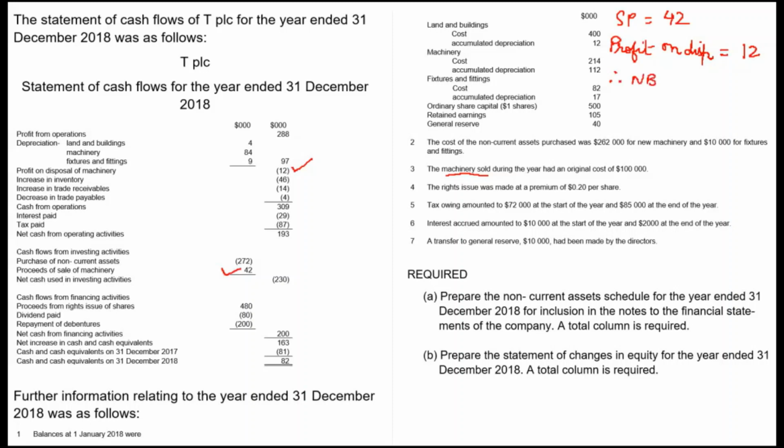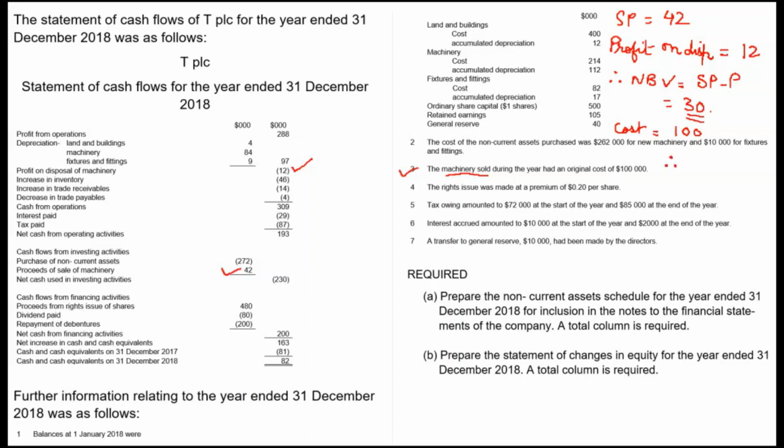Therefore, the net book value of the machine must have been sale price minus profit, that is $30,000. We also know that the machinery which was sold during the year had a cost of $100,000. So the original cost of this machine was $100,000, and when it was sold, the net book value was $30,000.